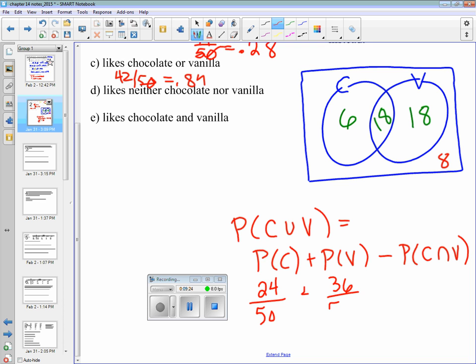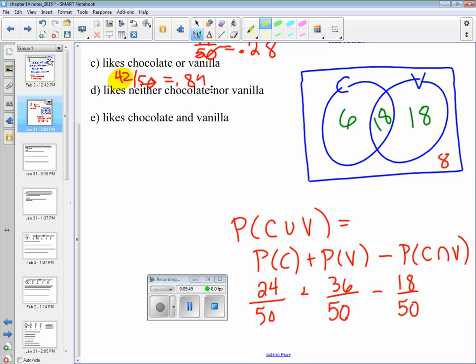And then what was the overlap, the and? The both was 18 out of 50. Go ahead and add those up. Again, they all have common denominators, so I can just combine them. 24 plus 36 minus 18 is what? Gee, is that a shocker? Didn't we expect it to be 42 out of 50?